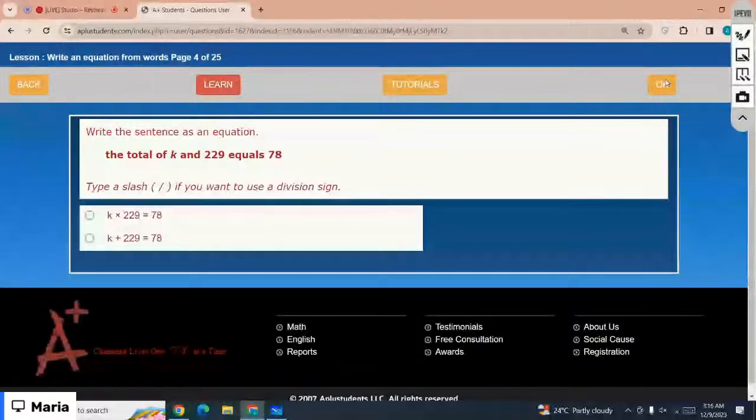Total means the sum of these values, right? So it would be k plus 229 equals 78. Yes, that would be the second one. Total means you add them and their answer is 78. Option number two is the correct option.